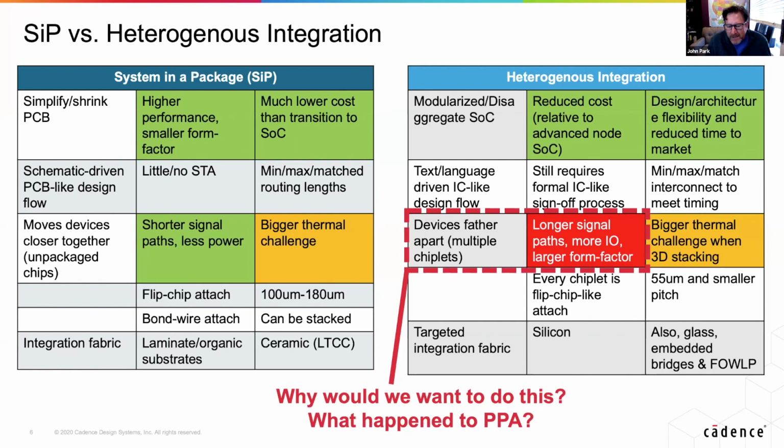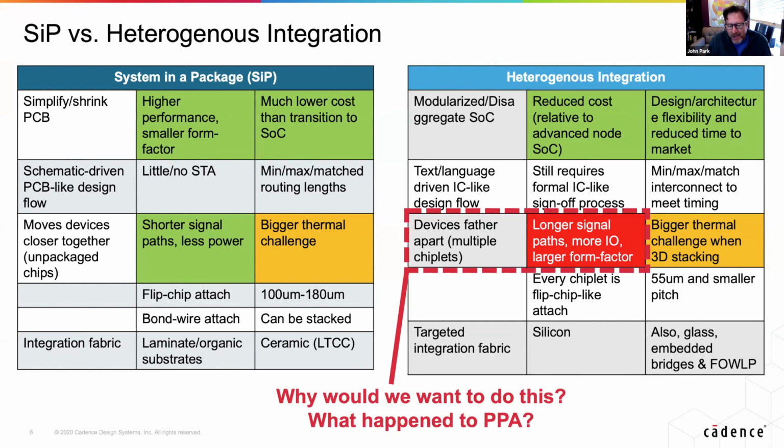But the biggest thing that throws people off is that we've spent the last decade plus focused on PPA, power, performance and area. If you're designing an SoC, the term PPA is used constantly, because that's what you're trying to achieve. And it seems like we're throwing that out the window when we go to heterogeneous integration, because area is going to be bigger because we have multiple chiplets.